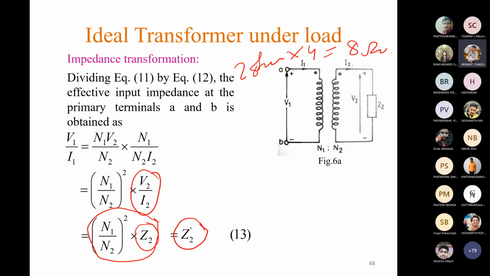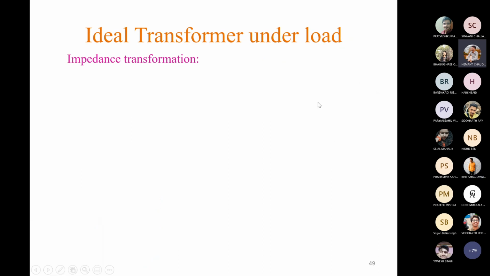Though we have replaced this Z2 by some other value of impedance and connected it to the primary, the transfer of current from primary to secondary, transfer of voltage from primary to secondary, that all remains same. Got my point?